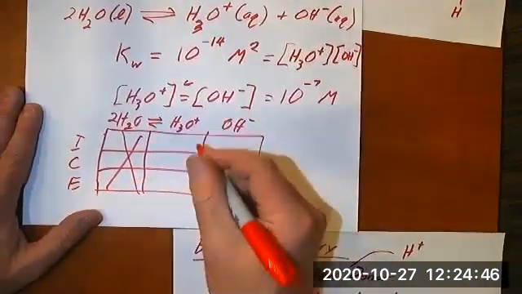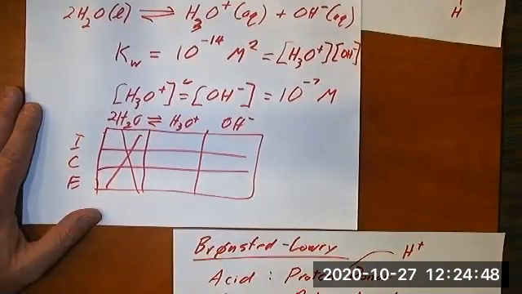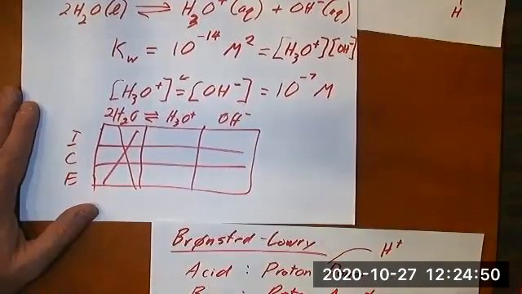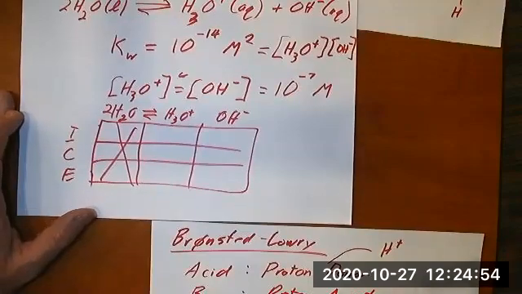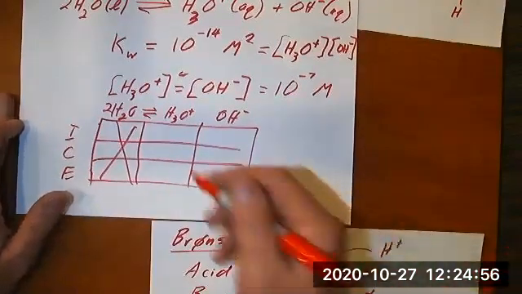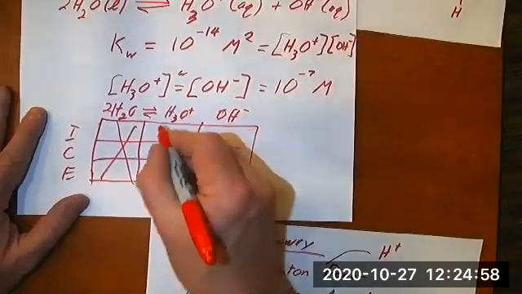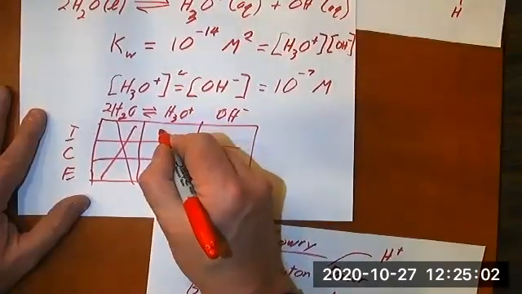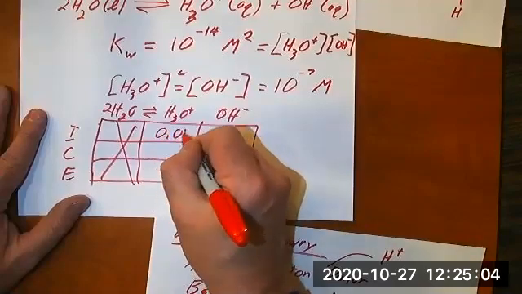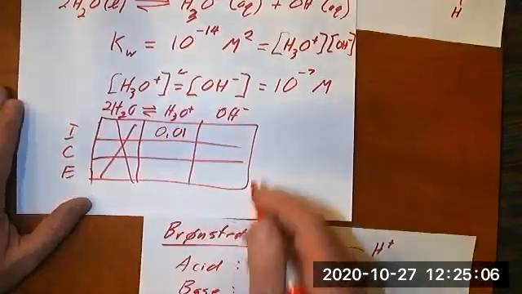Let's suppose that we dissolve enough hydrochloric acid in solution to make the hydronium ion concentration up to, say, 0.01 molar.